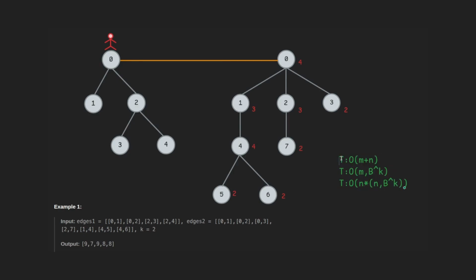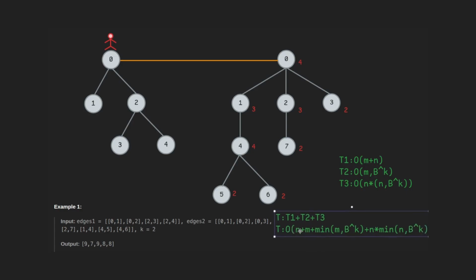Let us say that this is t1, this is t2, this is t3, and the total time complexity will be n plus m plus minimum of m comma b to the power k plus minimum of n into minimum of n comma b to the power k, right? Let me just move it here.